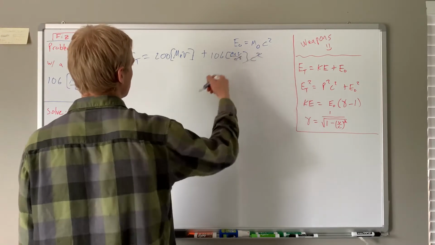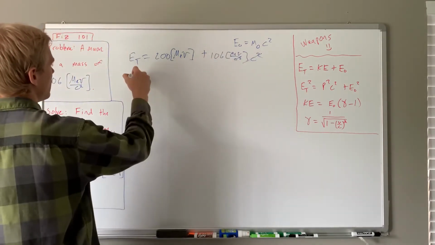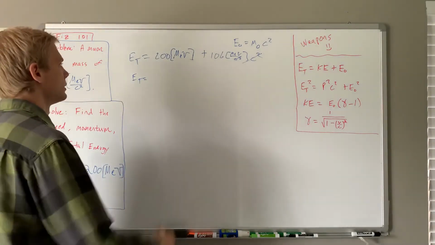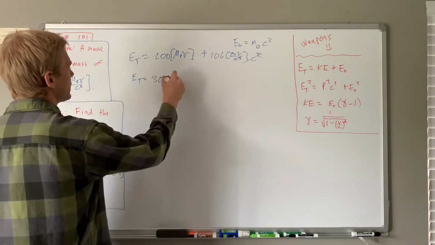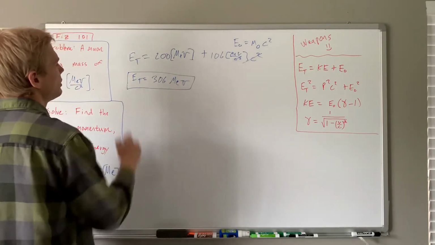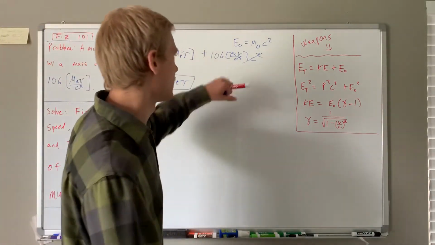These go away, so now they have the same units, and you get the total energy is 306 megaelectron volts. That was super easy to do because I knew the equation and I kept track of my units.